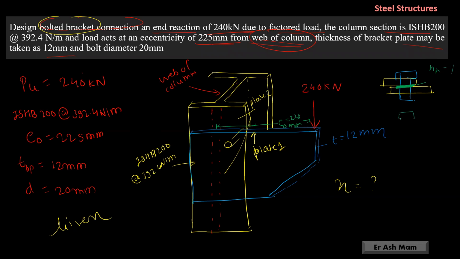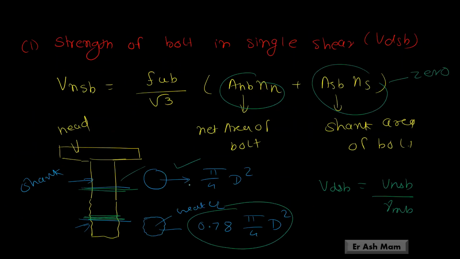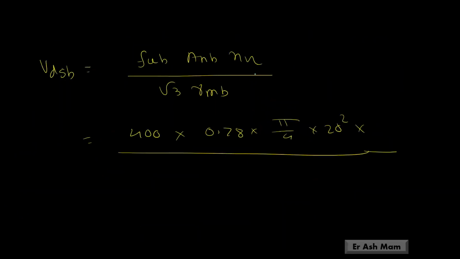So the bolt can fail like this at this section, at only one section. Therefore NN equal to 1, that is, the number of cuts will be 1. Okay, let's do the numerical. NN equal to 1 because the bolt will fail due to single shear between plate, bracket and flange.